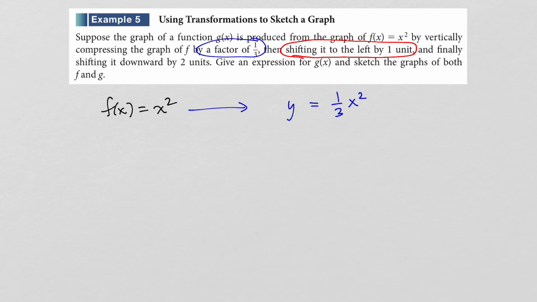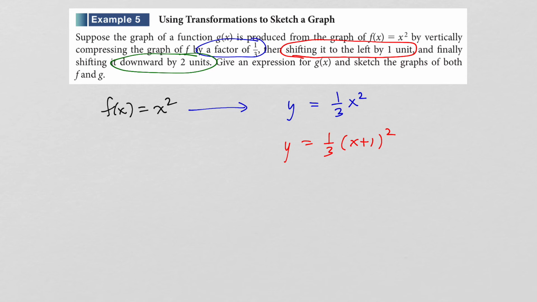Well, to shift it to the left, we have to add 1 to x inside the parentheses before we square it. So we would still have the 1/3, but now instead of x squared, we're going to have x plus 1 squared. And that takes care of shifting it to the left by 1 unit. And actually, let me do that in red so it matches. There we go.